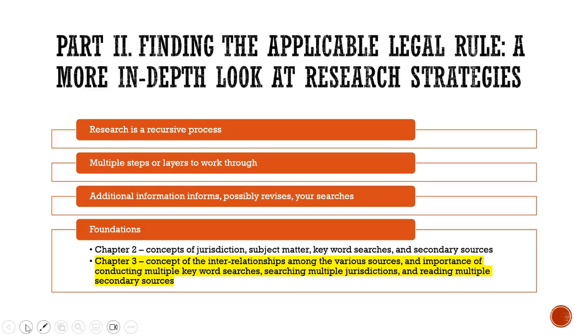The foundations of this chapter come from Chapter 2 and Chapter 3 of the Phillips text. Again, this one relies on the foundations from Chapter 3, which has the concept of interrelationships among various sources, the importance of conducting multiple keyword searches, searching multiple jurisdictions, and reading multiple secondary sources.